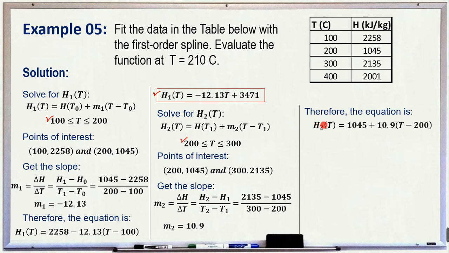So you will arrive at h2 of t is equal to 1045 plus 10.9 times t minus 200. Next is simplify the equation so that you will arrive at the final form for your second linear spline. That is h2 of t is equal to 10.9 t minus 1135.